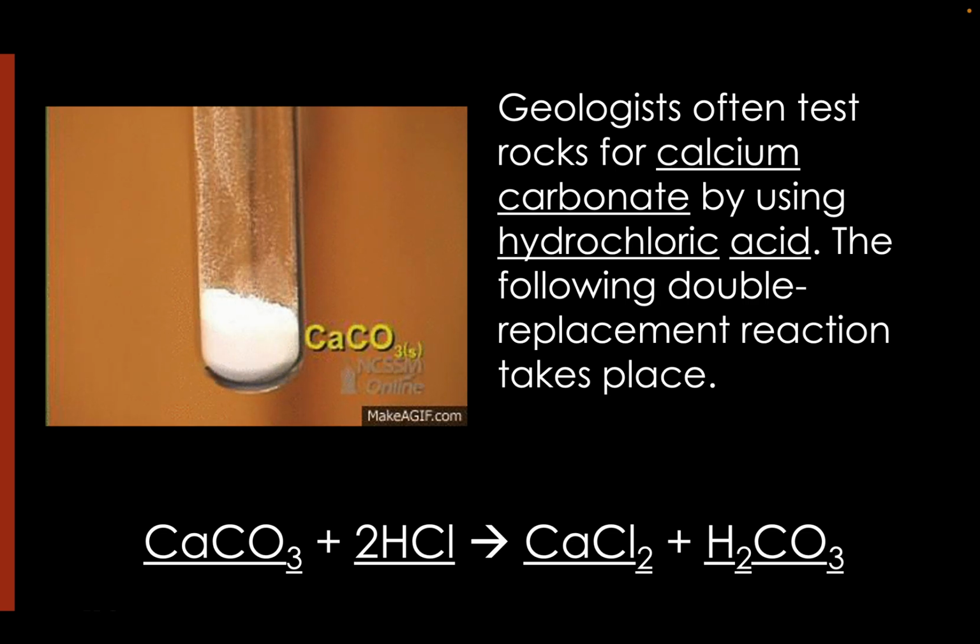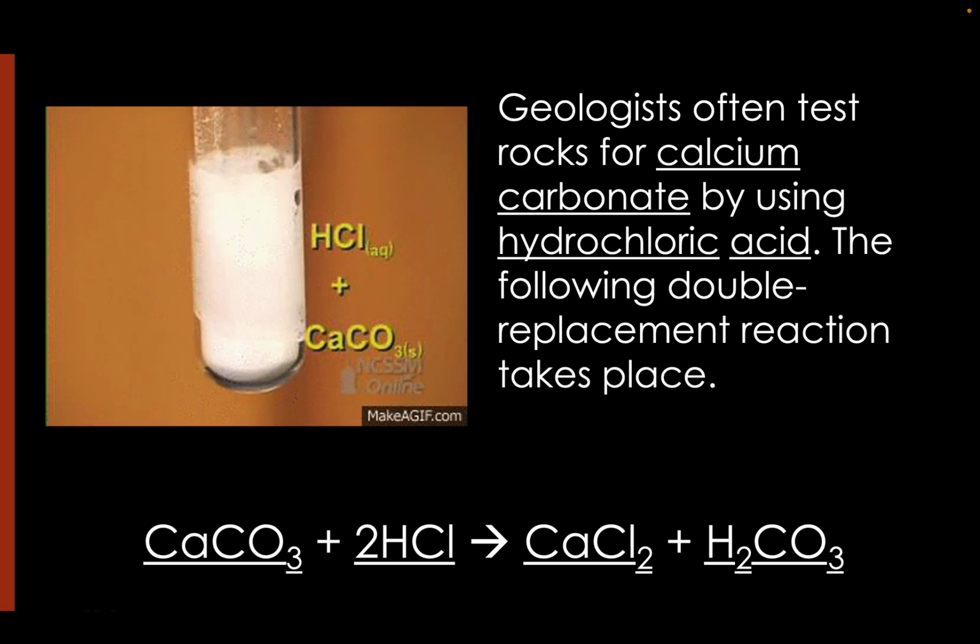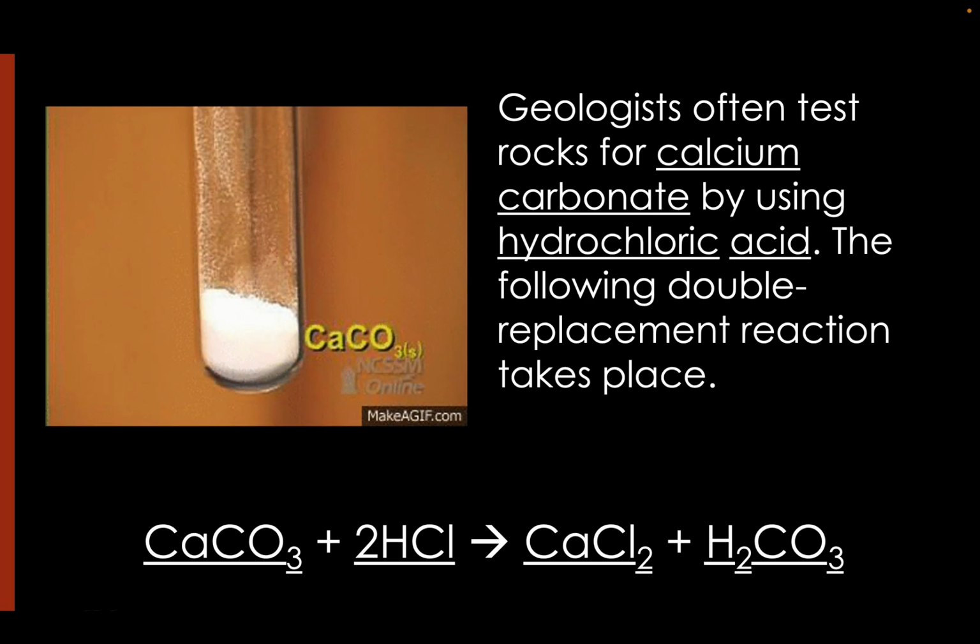One example of this is a test for calcium carbonate, where they will test a rock sample with hydrochloric acid, that's the HCl, and if there's calcium carbonate, CaCO3, then the reaction will take place.